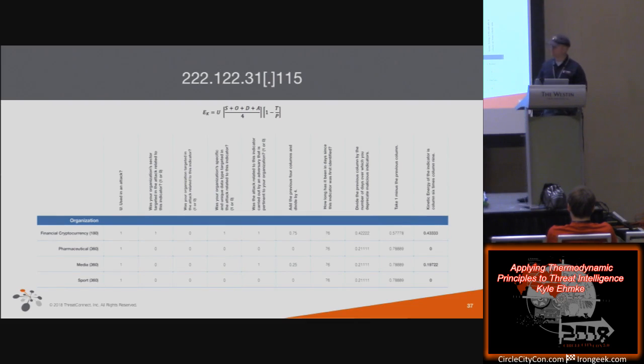Taking a look at the IP address, it ends up having a kinetic energy for the financial cryptocurrency organization and media organization. The kinetic energy is higher for the financial cryptocurrency organization as the IP address was used in a Hidden Cobra operation specifically targeting the financial sector and cryptocurrency.